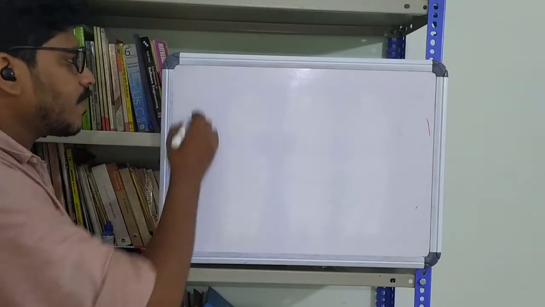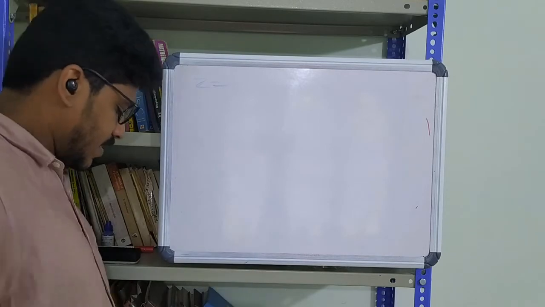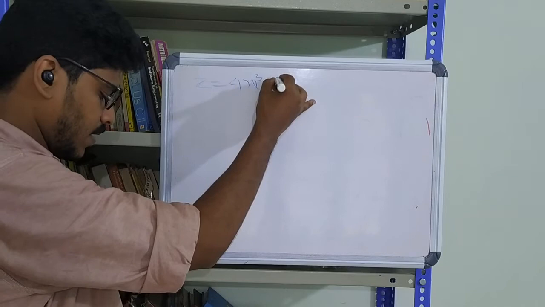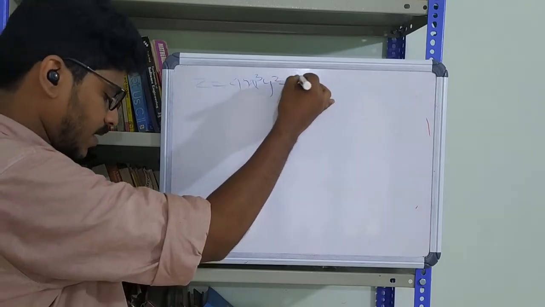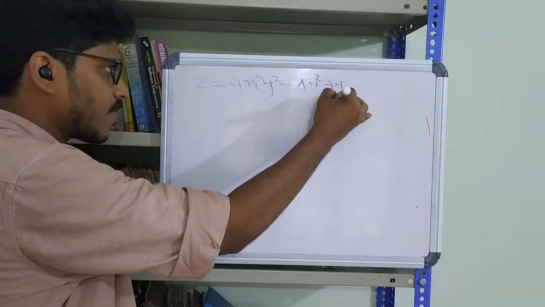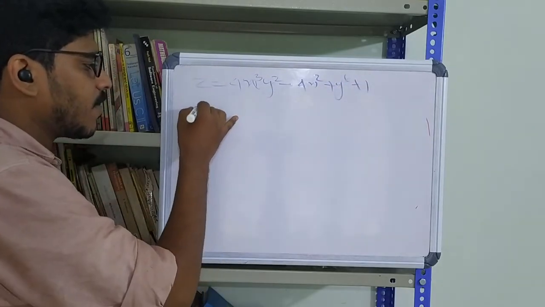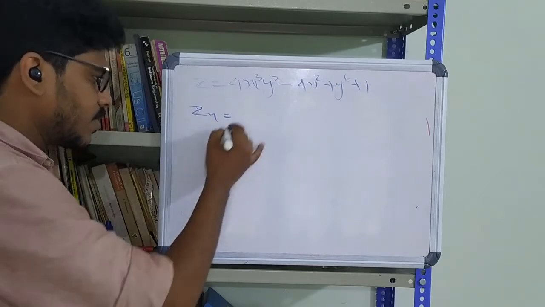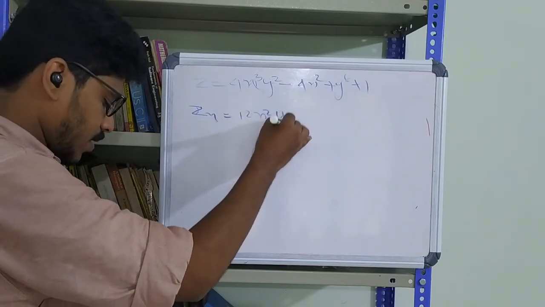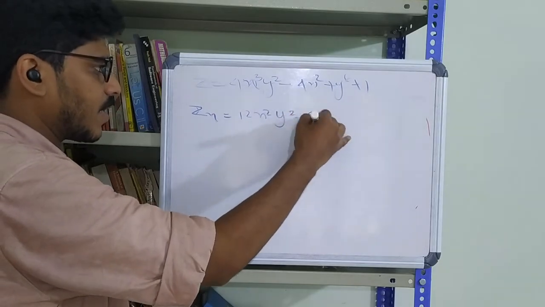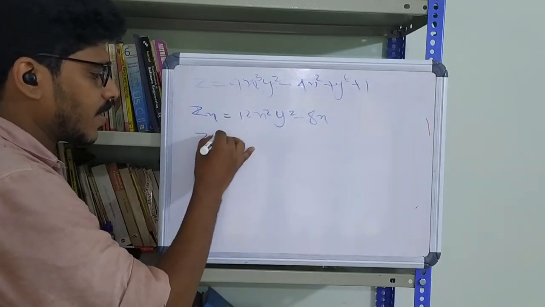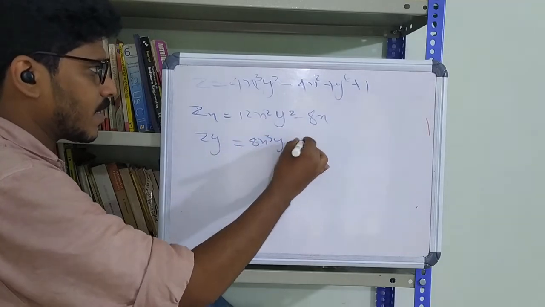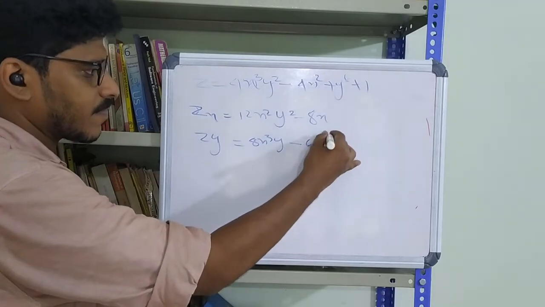If you remember, when we discussed an example, z equal to 4x cube y square minus 4x square plus y raised to 6 plus 1, we found the partial derivative with respect to x as 12x square y square minus 8x, and the partial derivative with respect to y as 8x cube y minus 6y raised to 5.